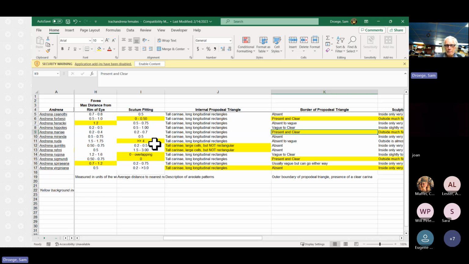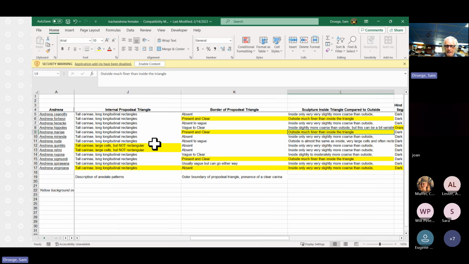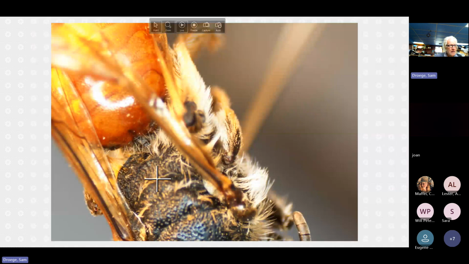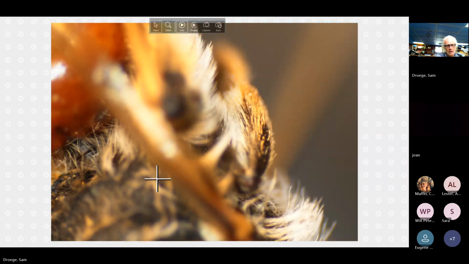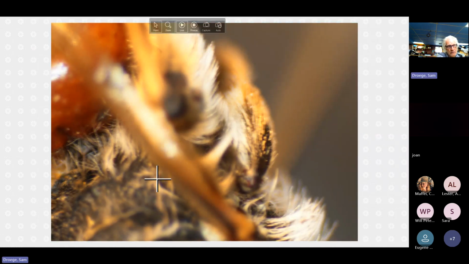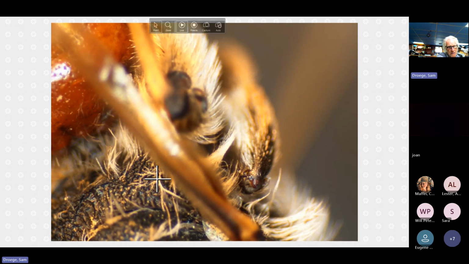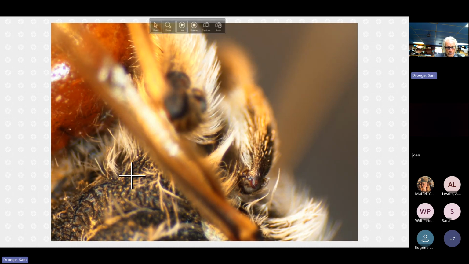So it says border present and clear, and outside much finer than inside. Well, I guess that is the last view. This is the same specimen. It didn't seem to be that different, and I still would argue that the outside isn't that much finer than the inside.